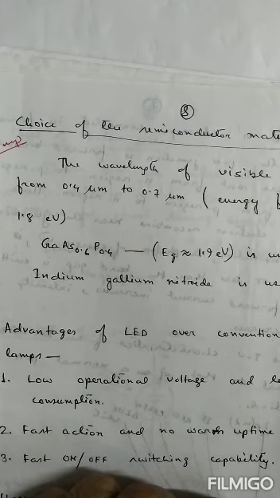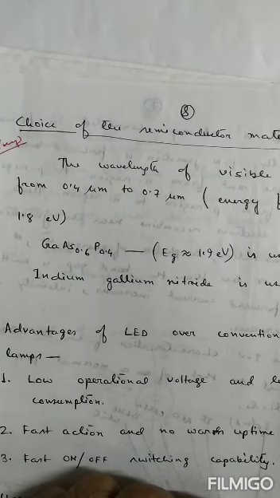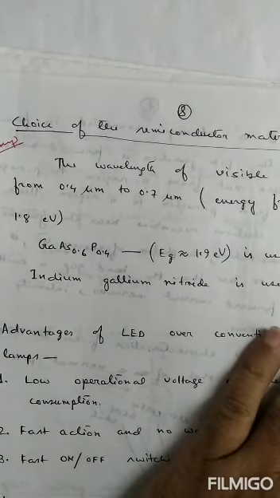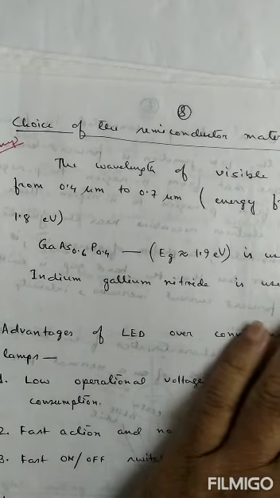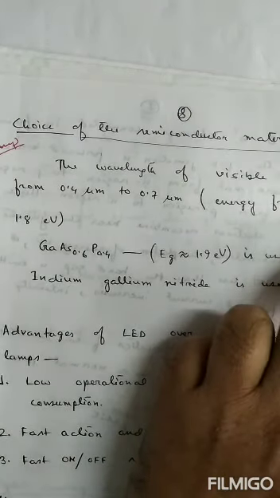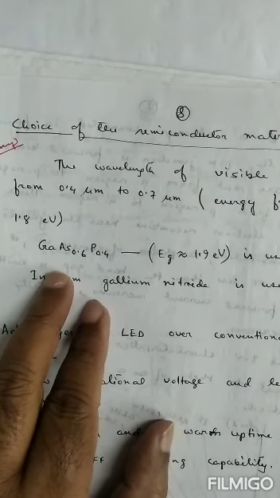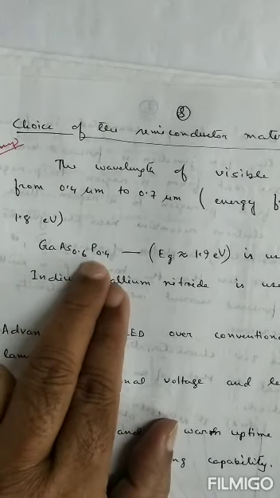That means in order to get an LED which can emit visible light, the energy gap between the conduction band and valence band should be from 3 electron volt to 1.8 electron volt.